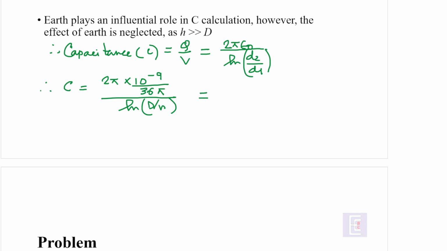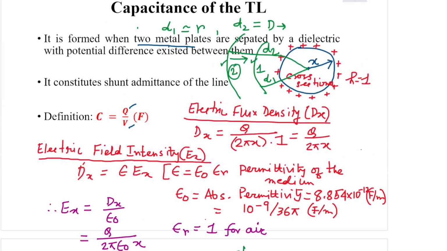So altogether it will be 10 to the power minus 9 by 18 ln d by r, and the unit should of course be farad per meter, as we have considered per unit length, that is the cross sectional view of the conductor.